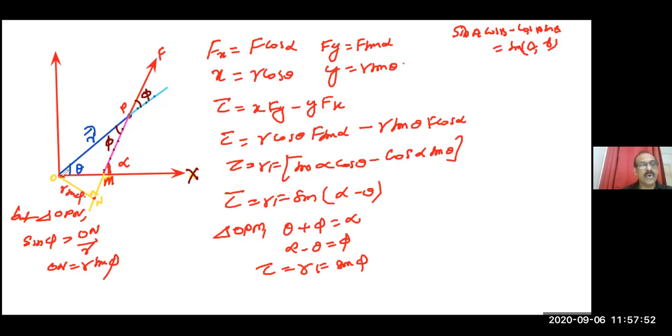Okay, so here we can write torque is equal to F into ON, force into the perpendicular distance from the fixed point to the line of action of force. That's what we are proving here. Torque is equal to force into perpendicular distance to the line of action of force.